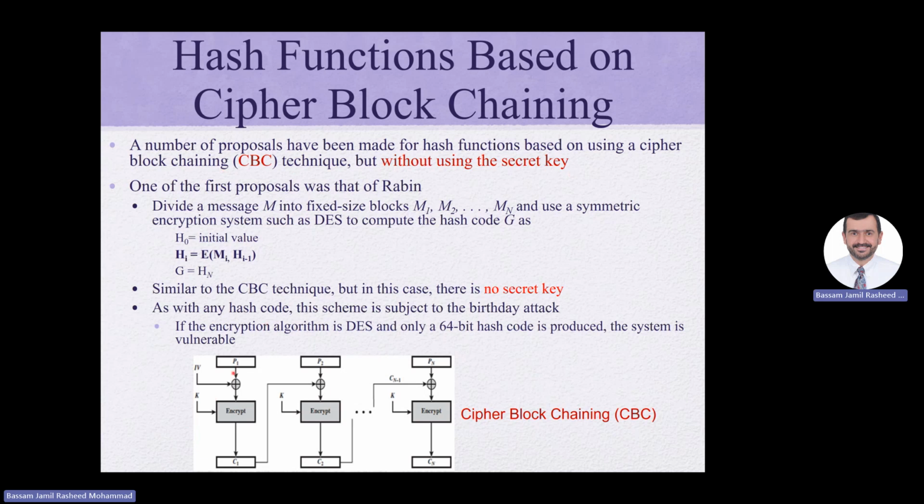If you recall, we covered cipher block chaining in an earlier lecture. Okay, we do this without a key. Probably you might need an initialization vector, or a secret, let's say, that can replace the key. But at any rate, we don't have a key.